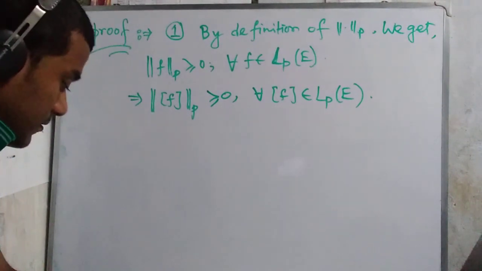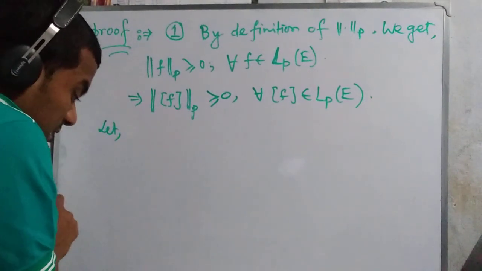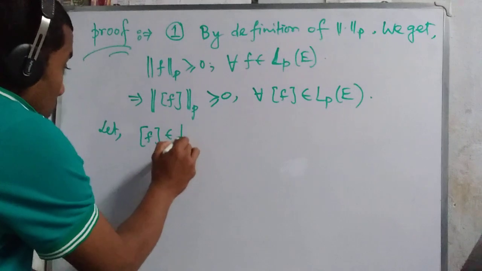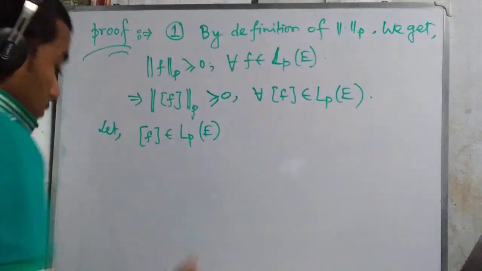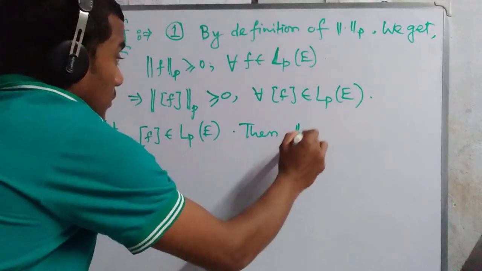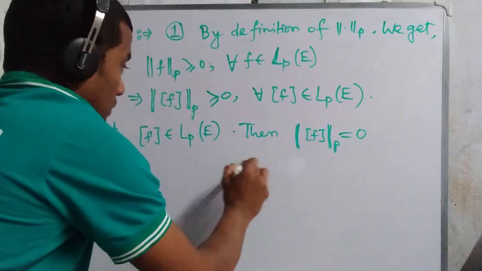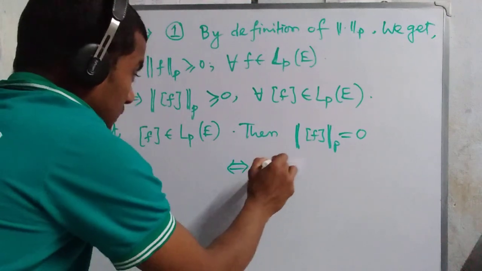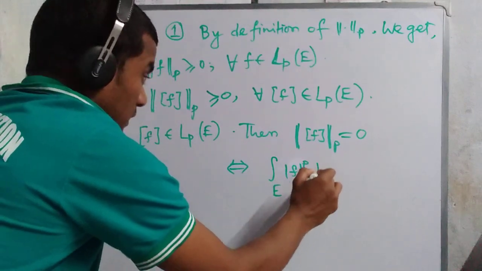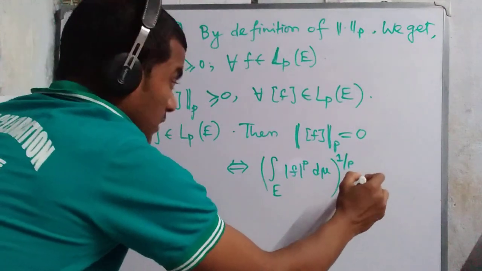Then next, obviously let f belong to L^p(E). Okay, then norm of f p equal to 0 implies that the integration over E of mod f to the power p d mu, whole to the power 1 by p, equal to 0.